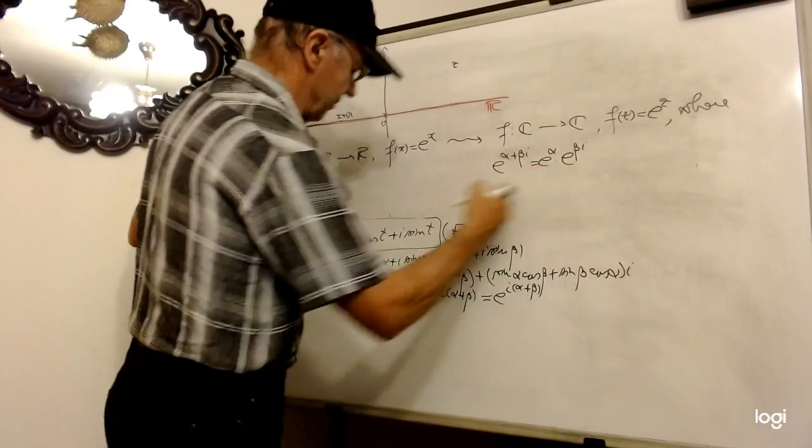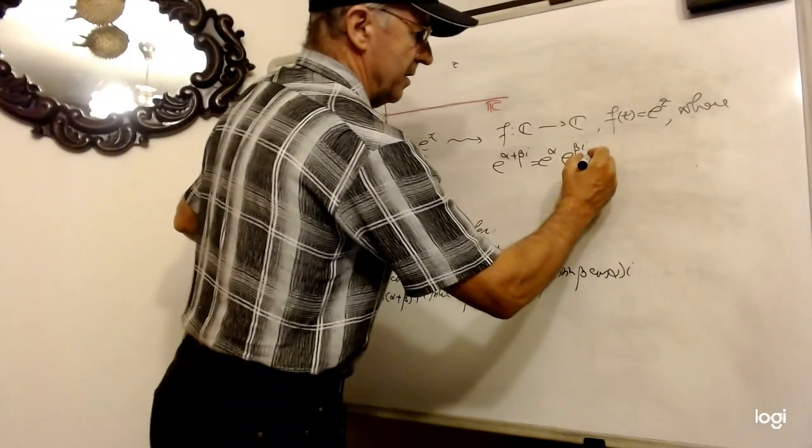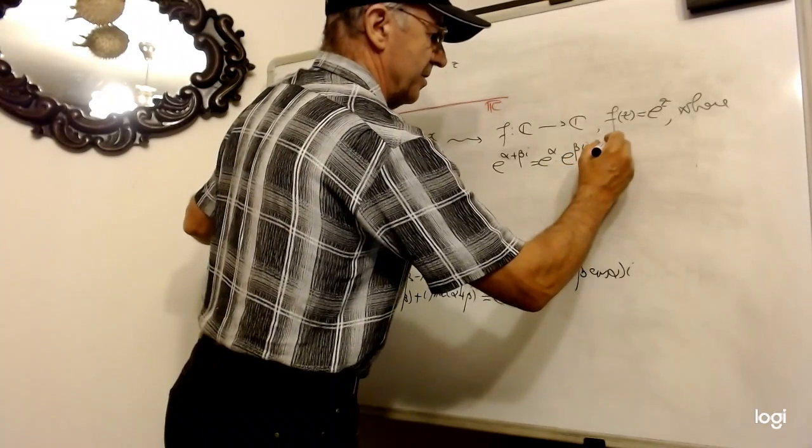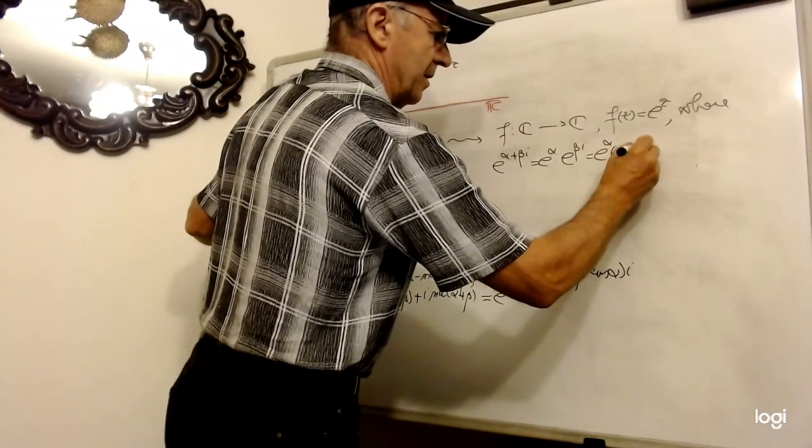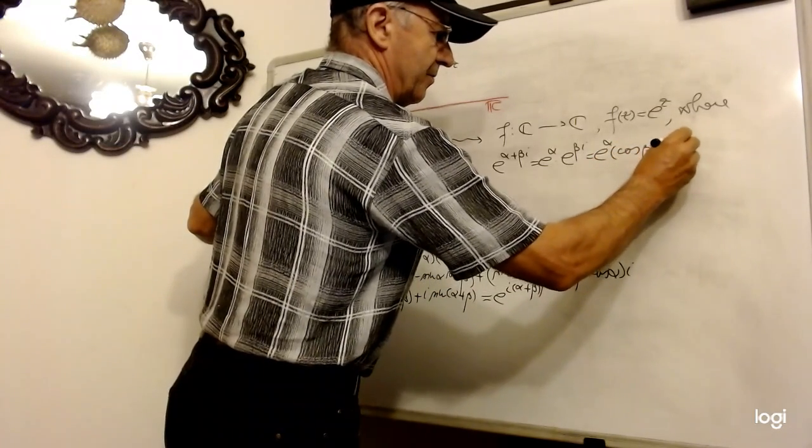For this we use Euler's formula, so we get exponential alpha times cosine of beta plus i sine of beta.